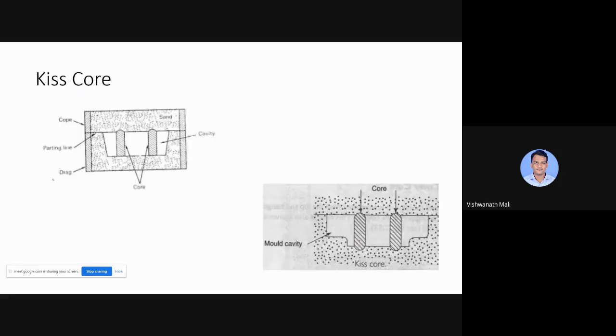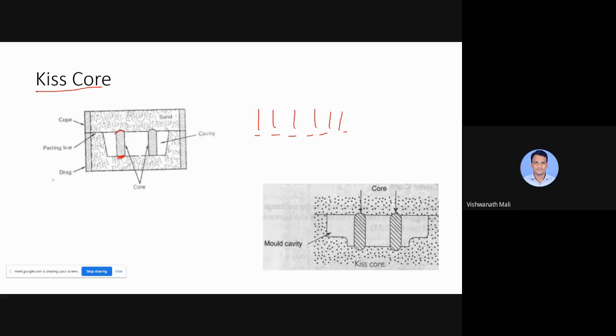Then the kiss core. Now, when you want to produce a number of small holes, then we go for using multiple cores. These cores are just touching the surface of the drag and cope. It is just touching. That's why it is called kiss core.